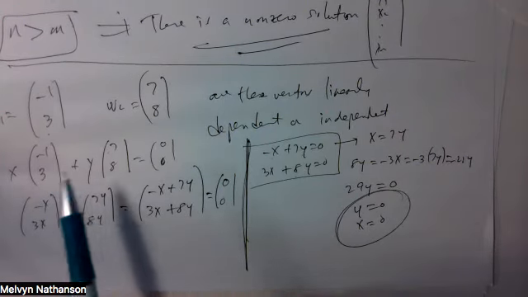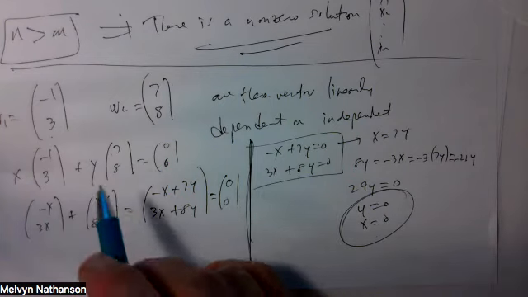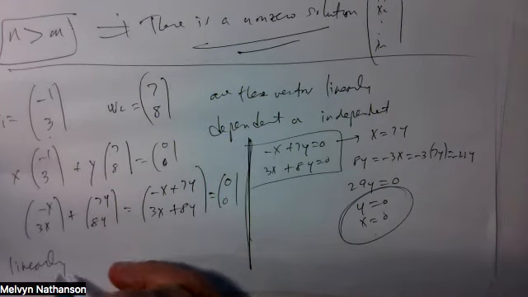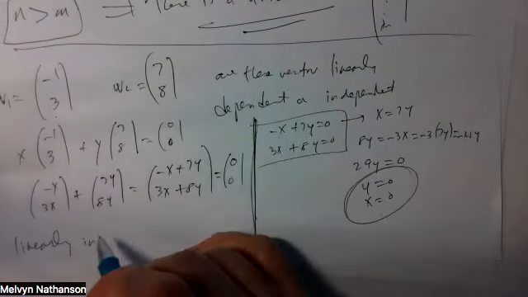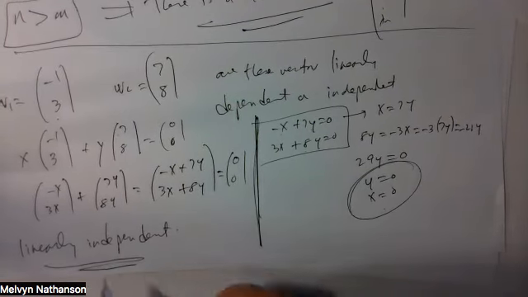So the only solution of this vector equation is x equals y equals 0, and that means that these vectors are linearly independent. Okay.